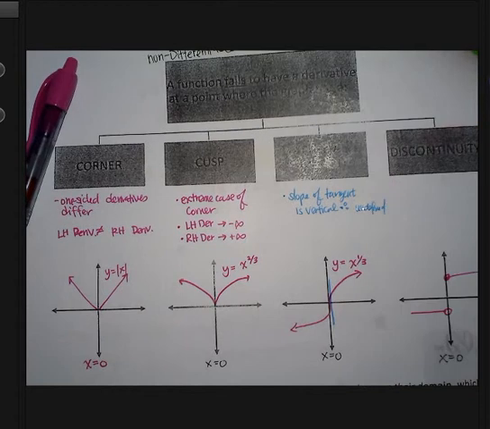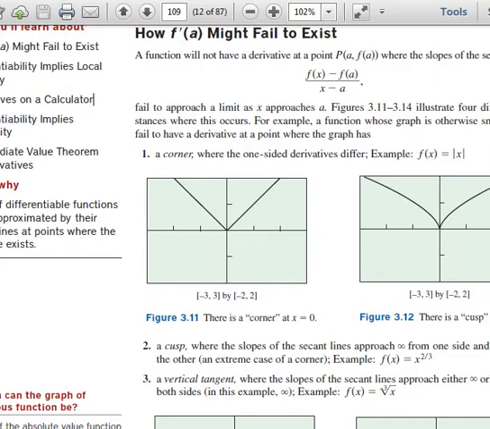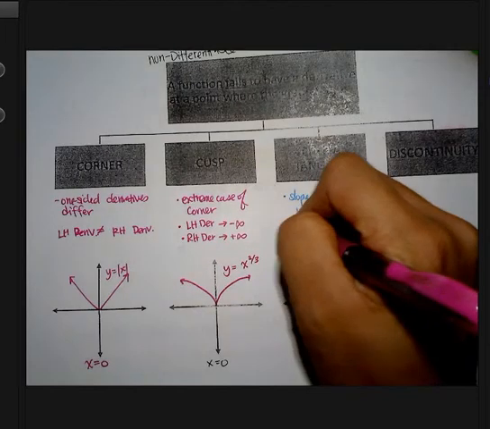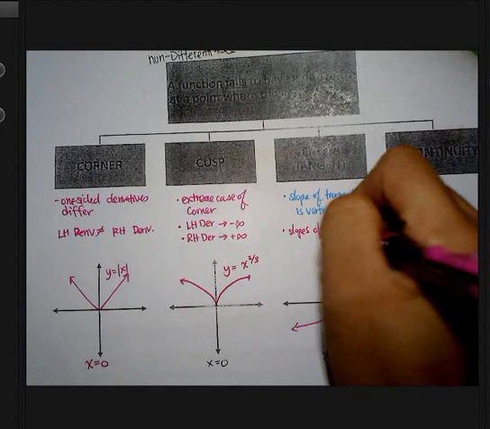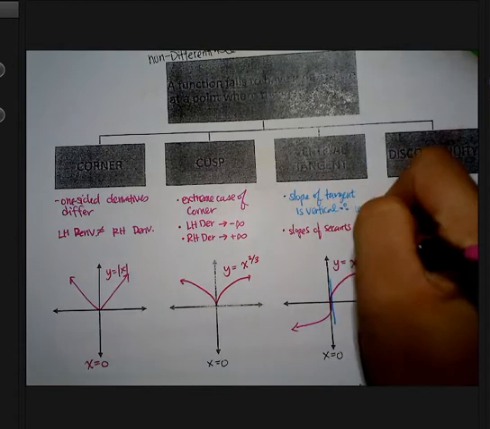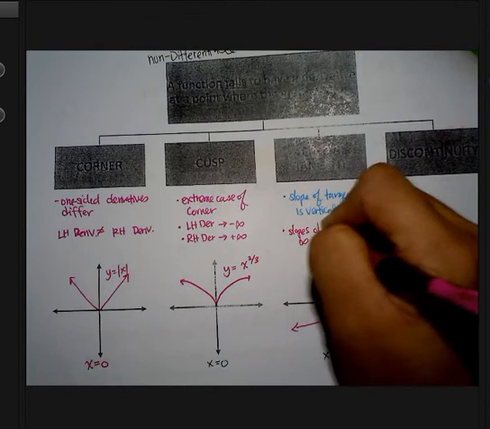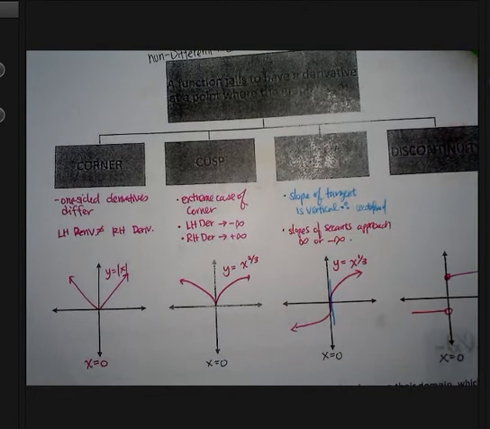The slope is undefined. We can also say that the slopes of the secants approach positive or negative infinity. And we don't like that.